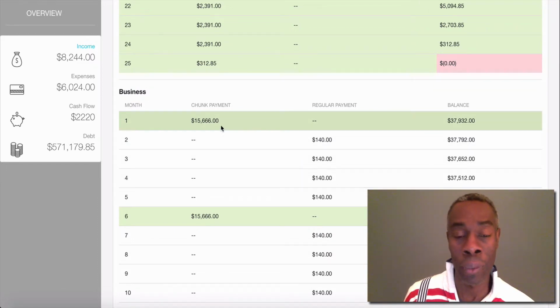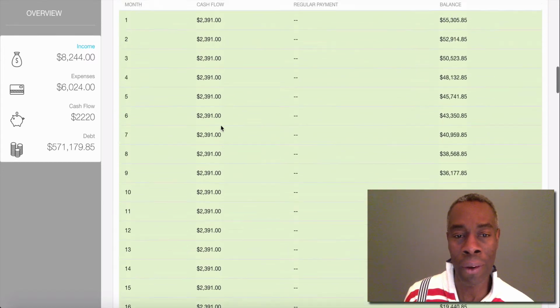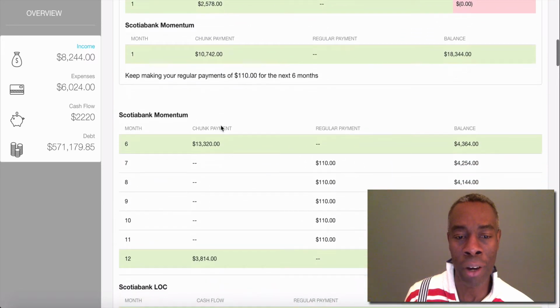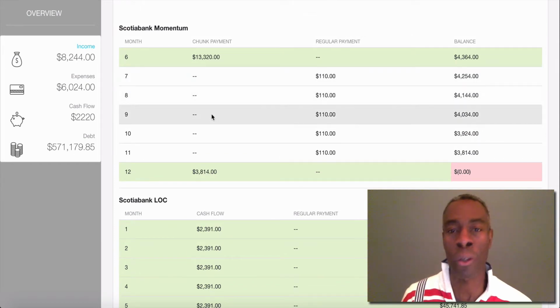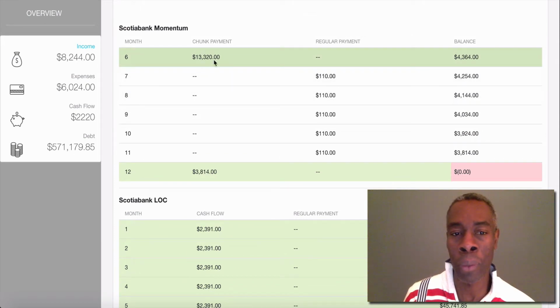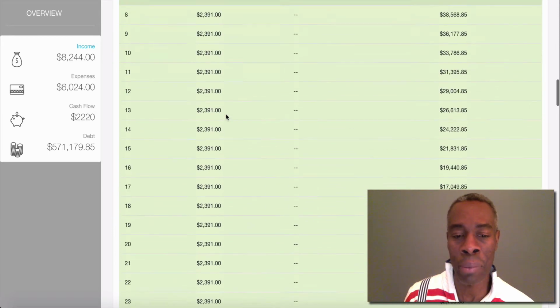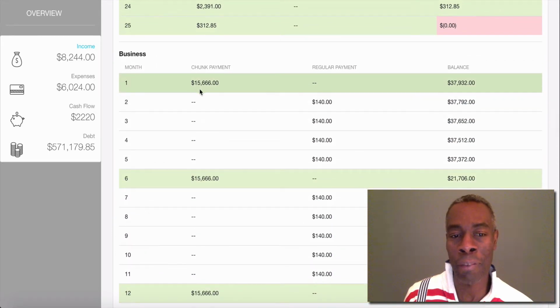Now we see that now that these three debts are paid off, our cash flow has totally gone up, and the chunk payments that we can make have also increased. Before we were making about $13,000 in chunk payments, but now we can make just over $15,000. Same thing, every 6 months you make the chunk payments, and you keep making your regular payments the other months.